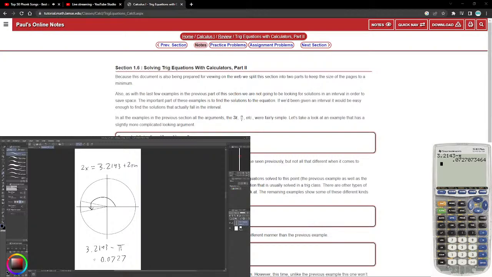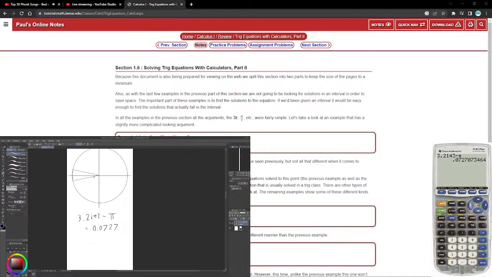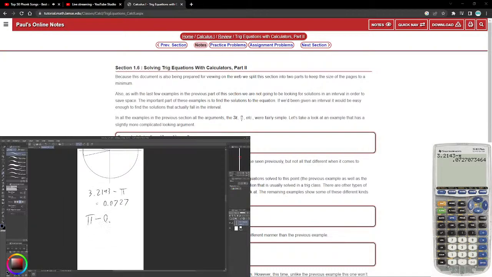So like we took this minus this, so now we have this angle here, which is also the same as this. So if we do pi minus 0.0727, I'm sure there's a one-step way to do this, but this is the only way I can think about it. So we got pi minus 0.0727, 3.0689.